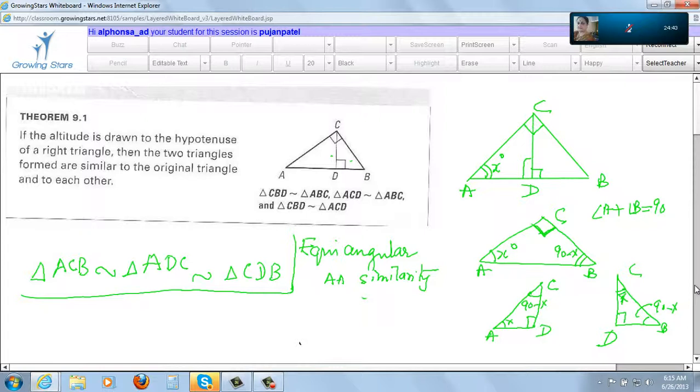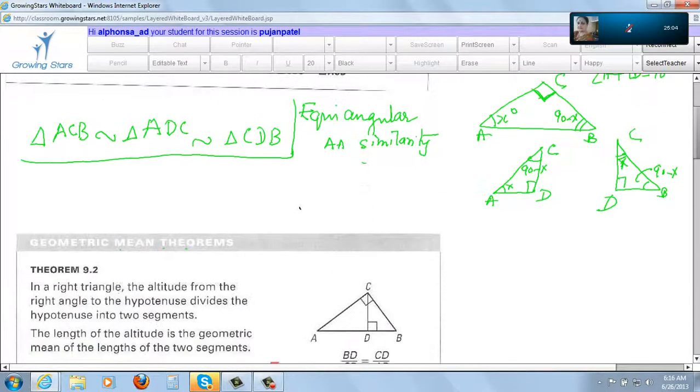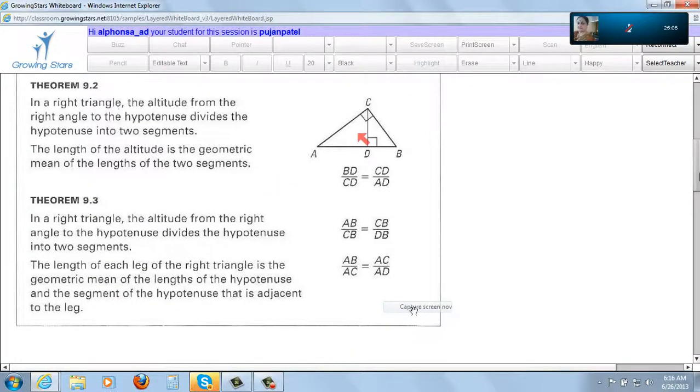Because all these three triangles are similar, you get a whole lot of proportionality ratios. Scrolling down, we come to the next part, the geometric mean theorems based on the same similarity. You can take two triangles at a time and write the proportional sides, and you get nice, easy ratios like BD over CD equals CD over AD.